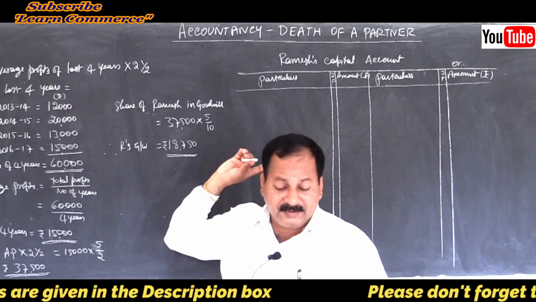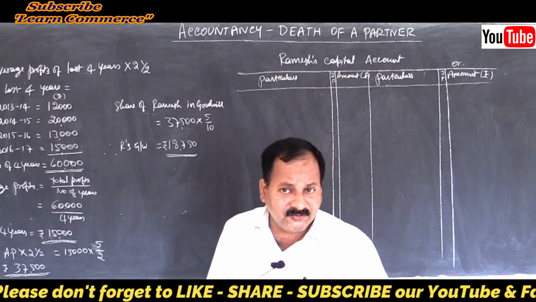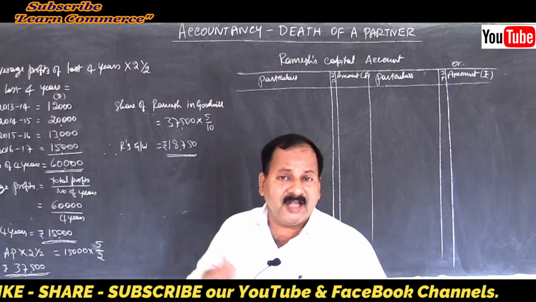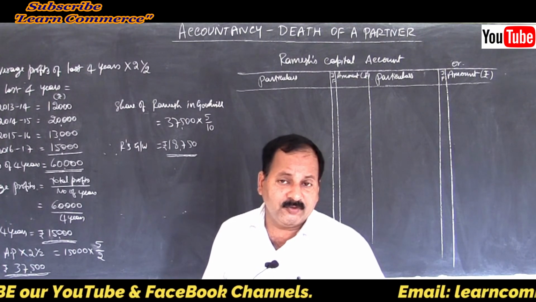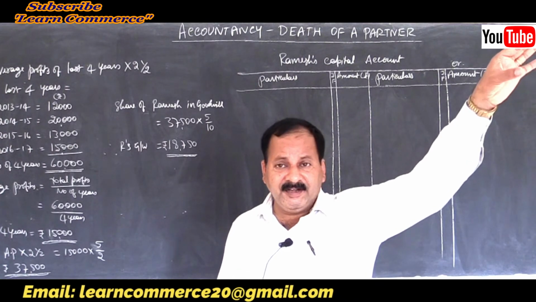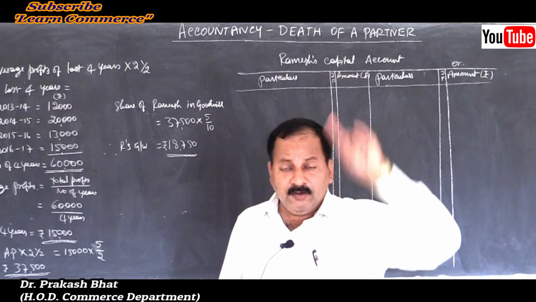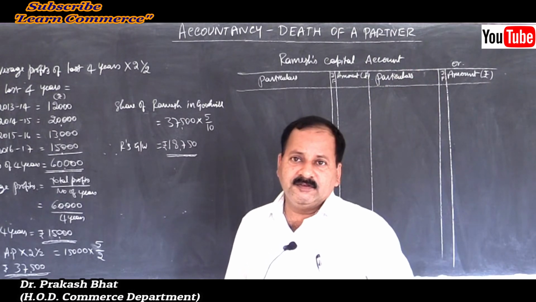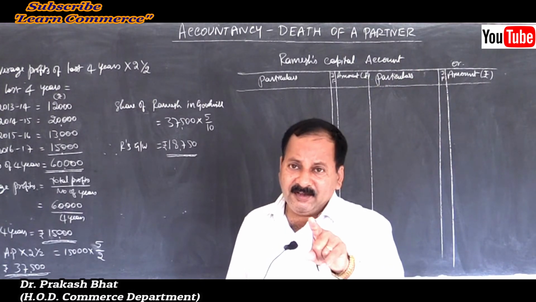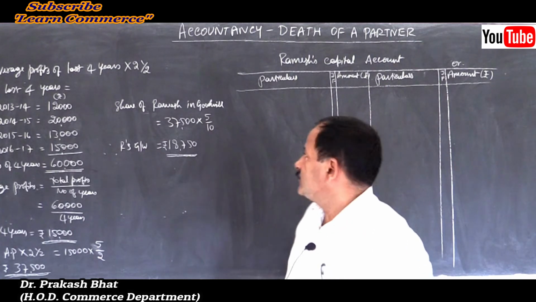They need not tell it in the problem. It is implied that we must pay that, or make the partner bear that loss. So be sure of those things. Clear? Reserve fund is there in the balance sheet. They didn't tell us to provide reserve fund to the deceased partner. Even then we must provide. So no instruction is required. It is implied. Clear? Yes.